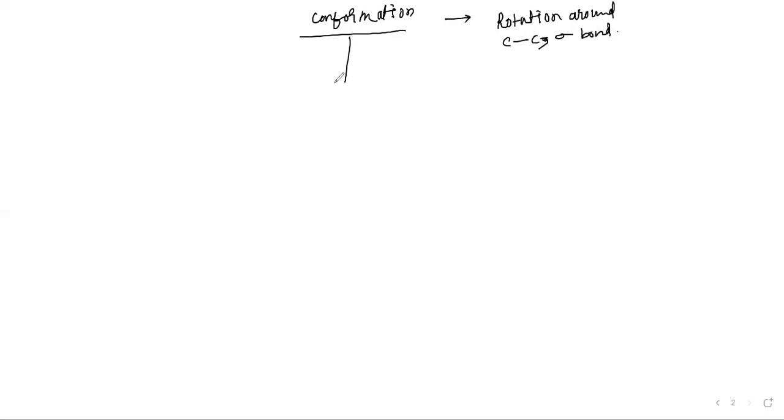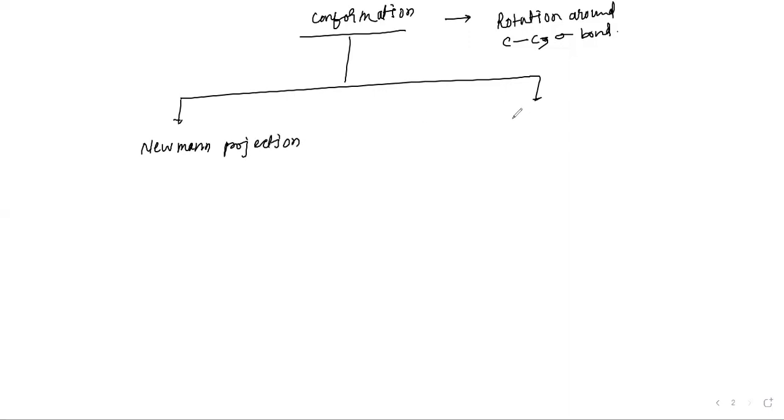So two types of conformation representation are there. First one is Newman projection, and second one is Sawhorse projection.